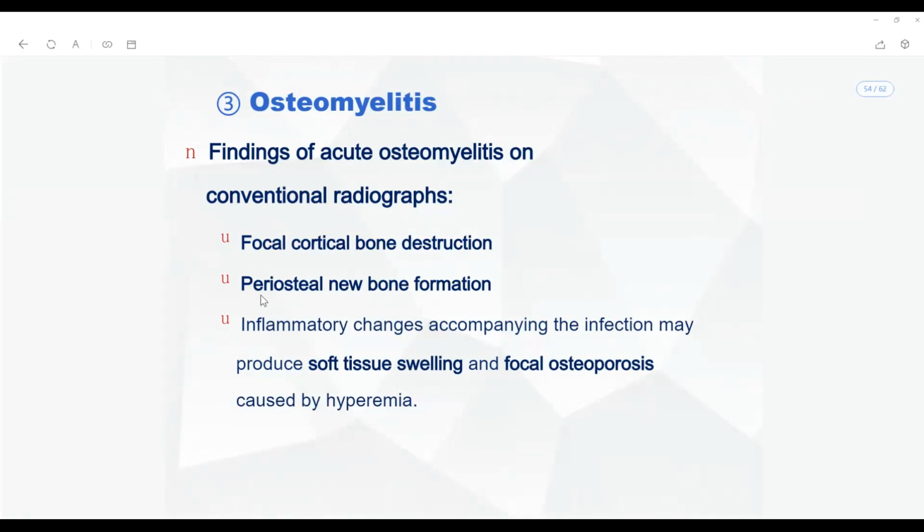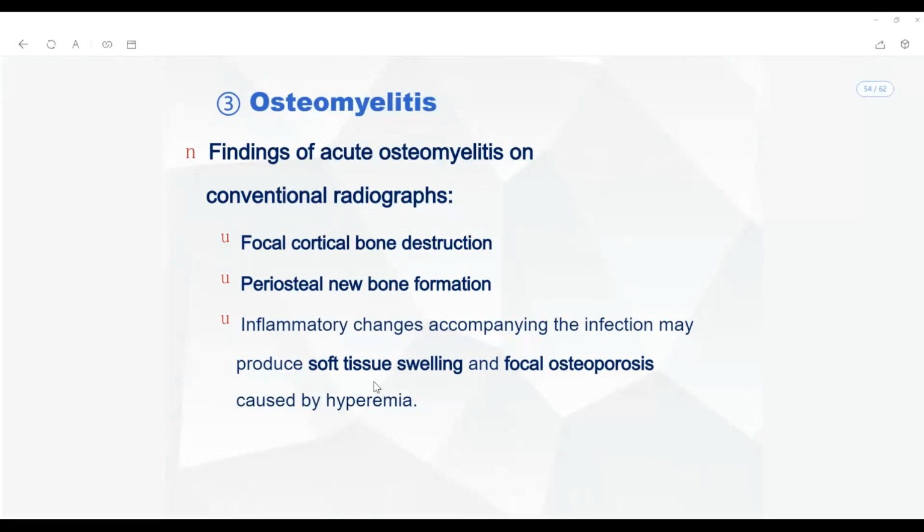And when the periosteal reaction is present along with a lytic lesion near it, where there is focal osteoporosis and soft tissue swelling, that forms a triangle which is called the Codman's triangle.